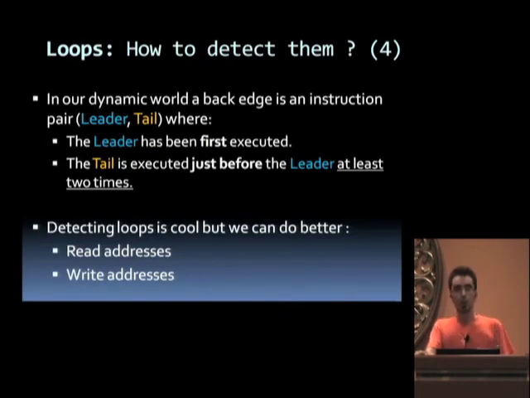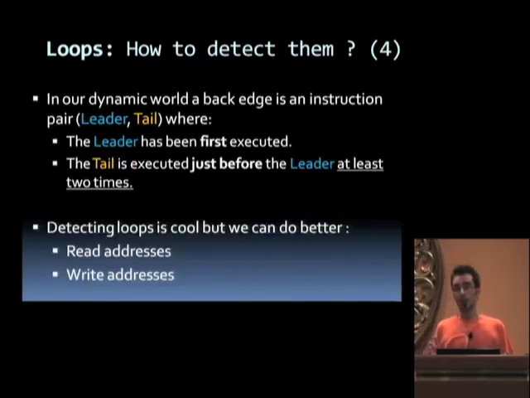Because if you do it only 1 time, you will detect the previous bad case of the same block of code called several times as a loop. So basically, the algorithm we have implemented in the Pin tool detects at runtime the leader-tail pair. I'm not going to describe the algorithm in detail, but if you are interested, I'm very happy to share the pseudocode with you.